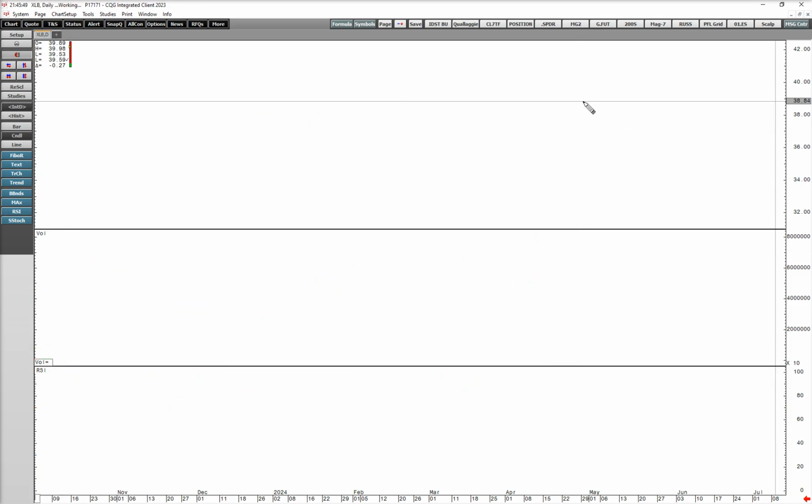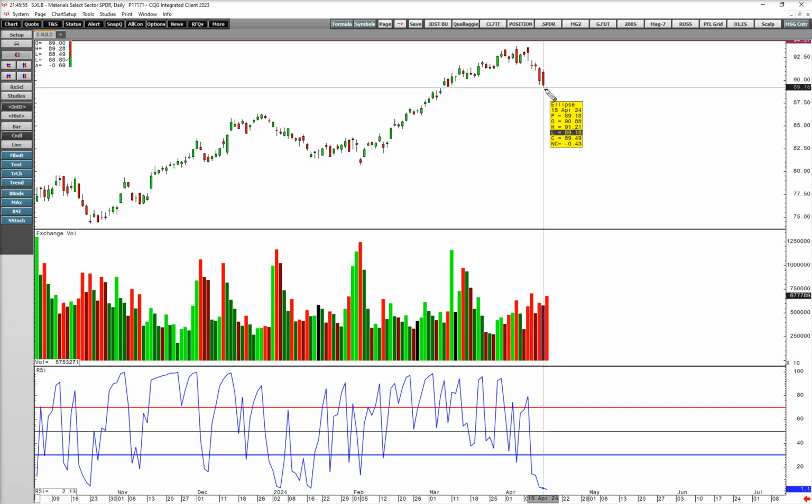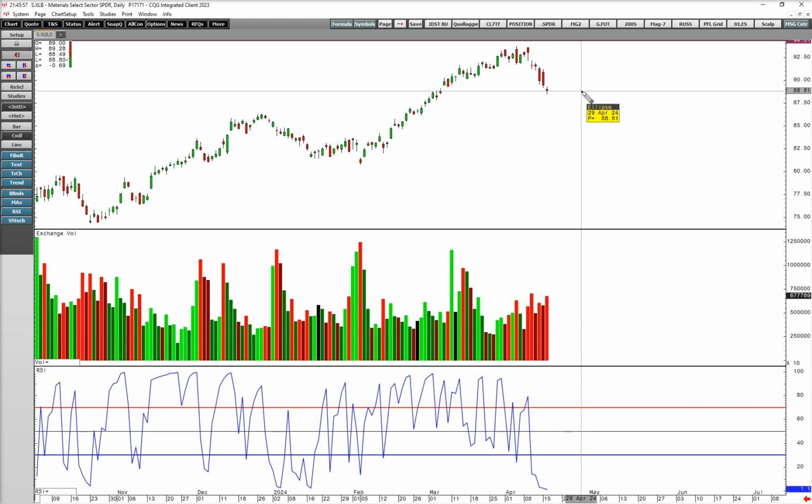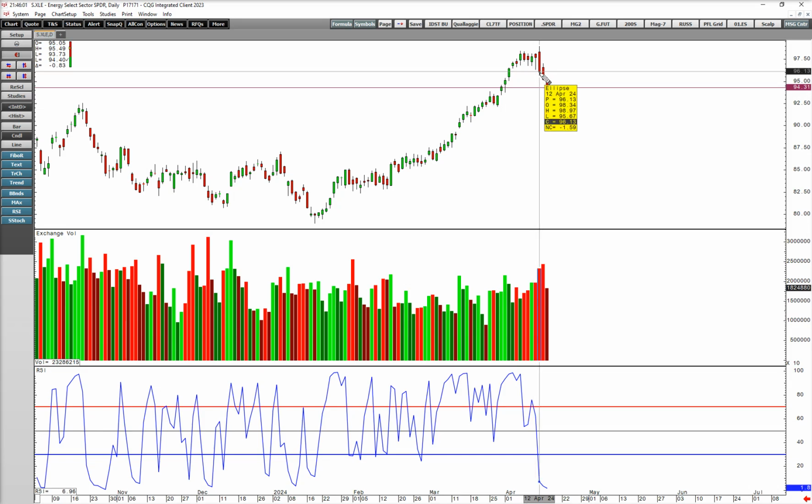The gaps are more visible in something like XLB, where you had RSI less than 5, gap down. XLE, RSI 2, that wasn't less than 5. This one's less than 5, and then a gap down.